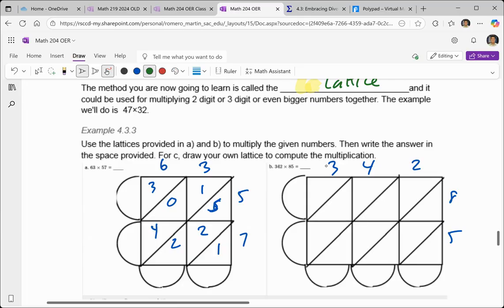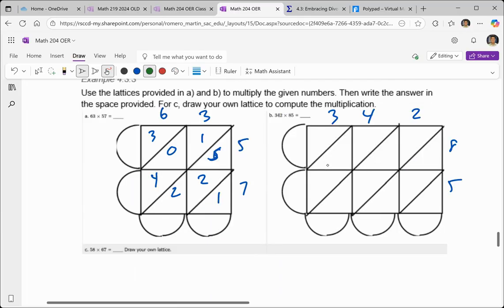We're doing 63 times 57. We're not using the standard algorithm, we're using lattice. You create boxes like this, a 2 by 2, and then you have the diagonals, similar to the addition. Then you do 3 times 5 is 15, 3 times 7 is 21, 6 times 5 is 30, 6 times 7 is 42.